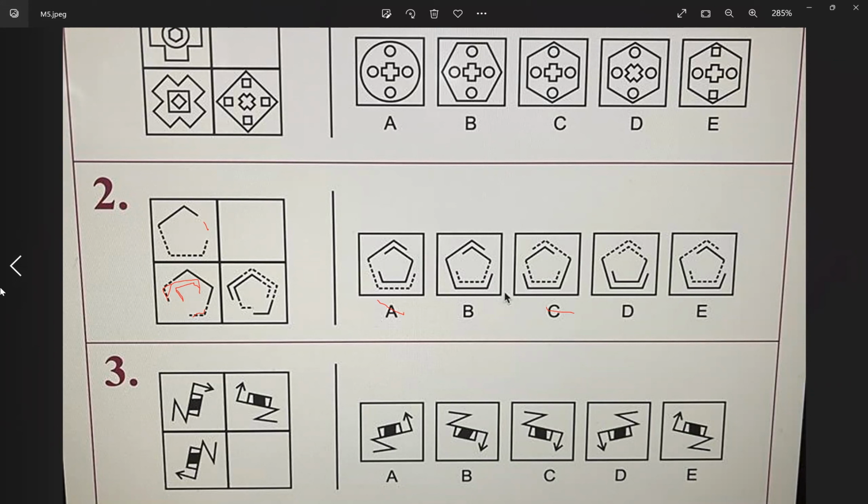And it also can't be D because the bigger shape, when it goes into the inside shape, basically just flips horizontally, and it's the same shape though. So I don't think it's D, and it's definitely not B because here the outside shape is fully solid. I think the answer is E.